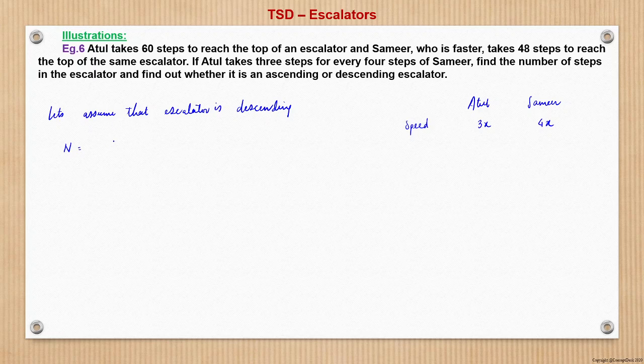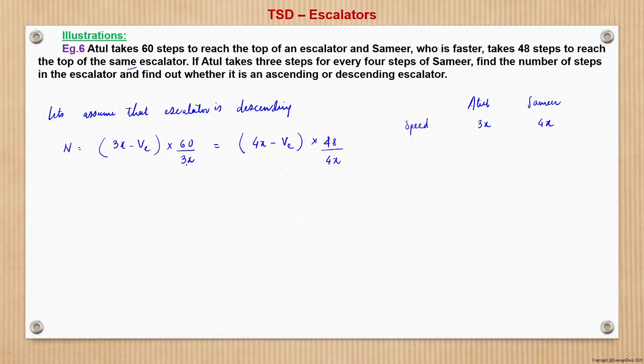Velocity of Atul, which is 3x, minus velocity of escalator into time taken. Time taken by Atul is what? 60 steps upon 3x, right? And this will be the same as for the case of Samir, wherein Samir is also going to the top, right? Opposite direction. So 4x minus VE into 48 upon 4x. So we'll solve these two equations.